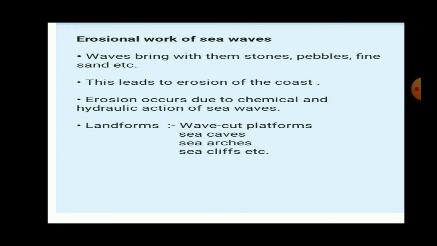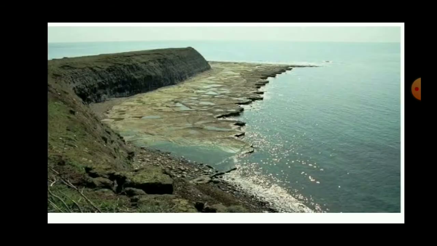Now the different landforms that are caused because of the erosional work of the waves. They are wave cut platform, sea caves, sea arches, sea cliffs, etc. Here is the picture of a wave cut platform. These landforms are formed due to the hitting of sea waves at the base of the cliff.